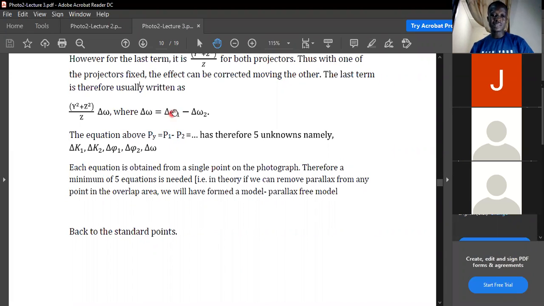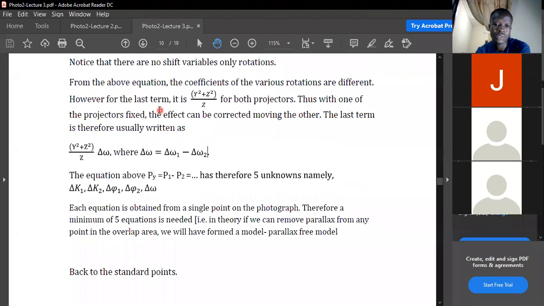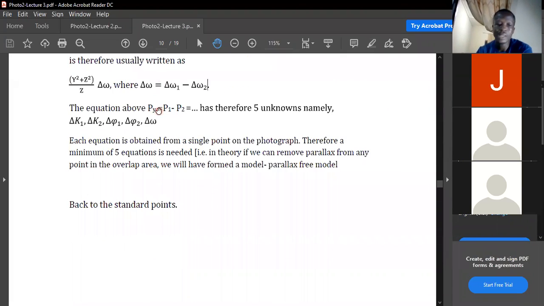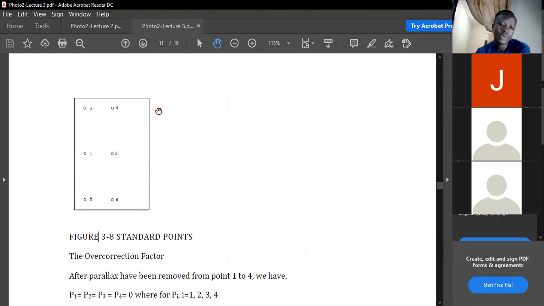Yet some instruments didn't have it, so you could have it all combined into a delta omega. So we make just one movement and then the whole instrument moves about it. The two projectors will move together. So that is the effect that we are talking about here, and so on and so forth.